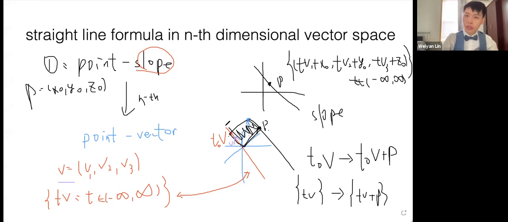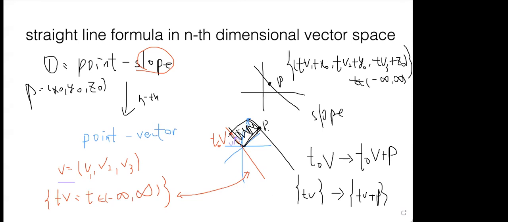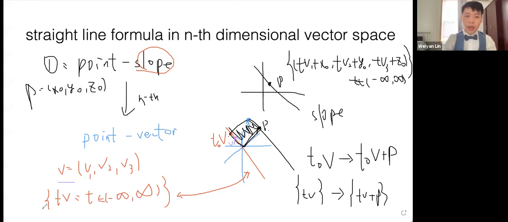But if we stretch it by any real number, it will get to every point in the straight line. Does that make sense? Yes. So now we have information of this red line, but how do we get from the red line back to the black line? By adding the vector P from here, and then we go back here by this parallelogram. Does that make sense?